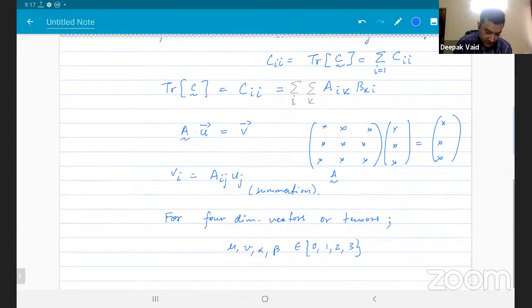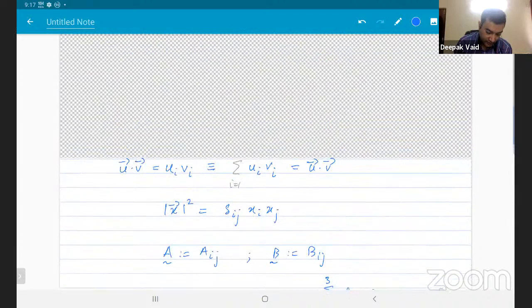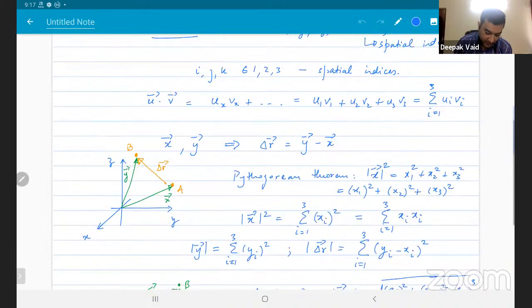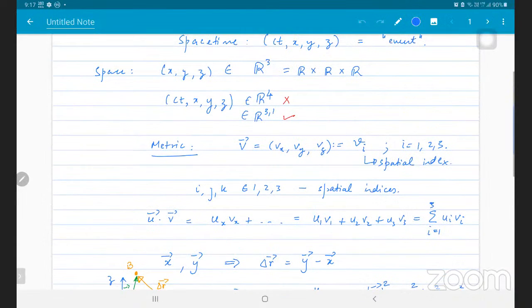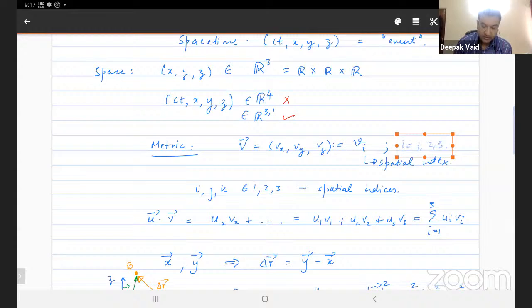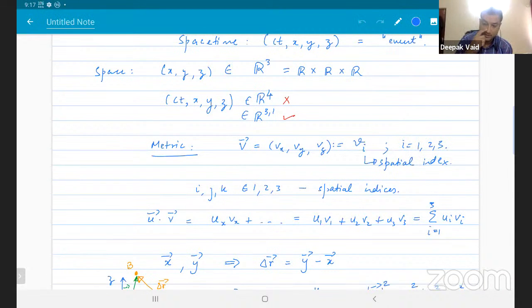Then there is some notation. Whenever you see lowercase indices i, j, k, and so on from the middle of the alphabet, they will represent spatial indices, like x, y, z.